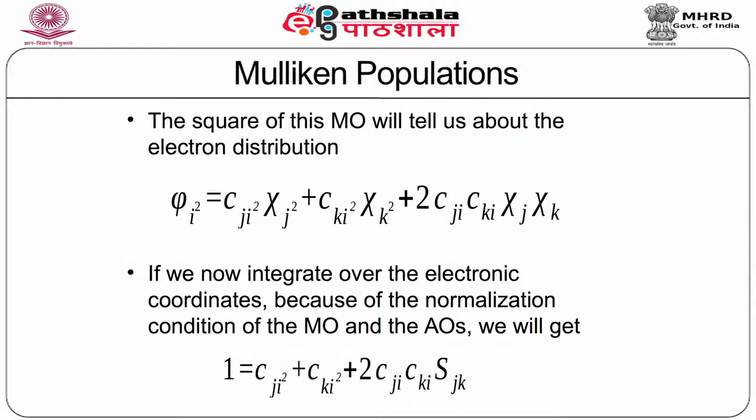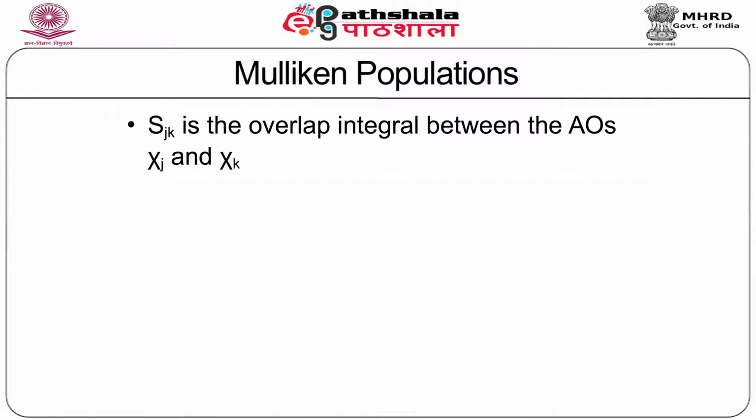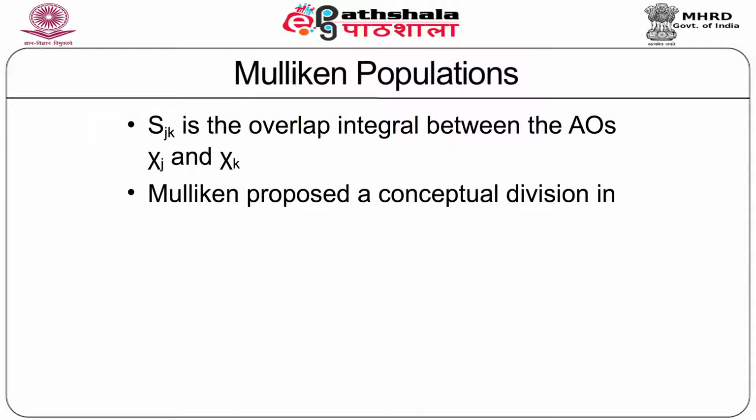If we now integrate over the electronic coordinates, because of the normalization condition of the molecular orbital and the atomic orbitals, we will get 1 equals Cji squared plus Cki squared plus 2 Cji Cki Sjk, where Sjk is the overlap integral between the atomic orbitals chi j and chi k.